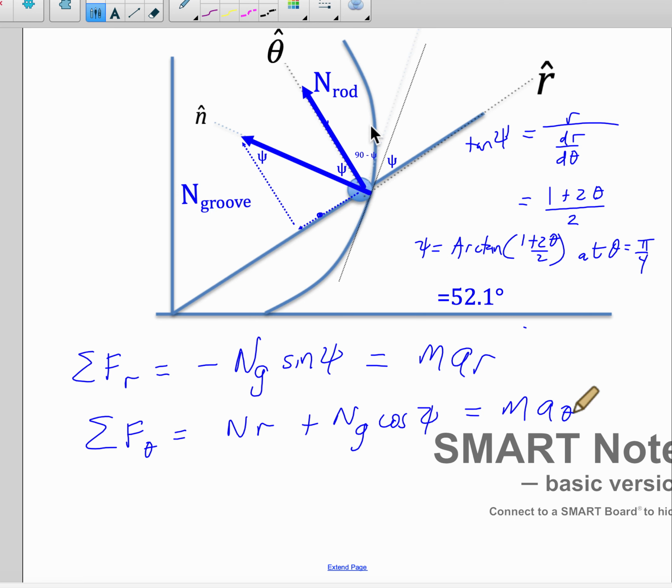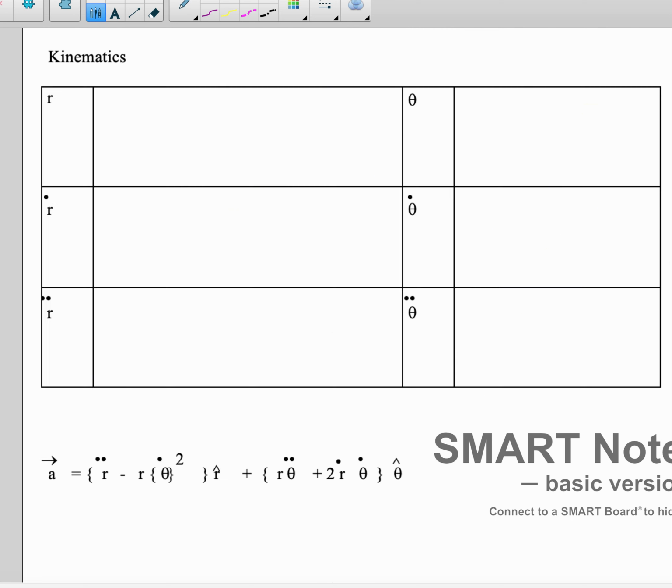So we had to do a little work to find out what that psi angle is, but the dynamics was fairly straightforward. And the kinematics is also much more forgiving in this problem than it was in the previous one. There is somewhat of a complication, though. We know that r was 1 plus 2 theta. That was given. So we can do r dot, the time derivative of 1 plus 2 theta.